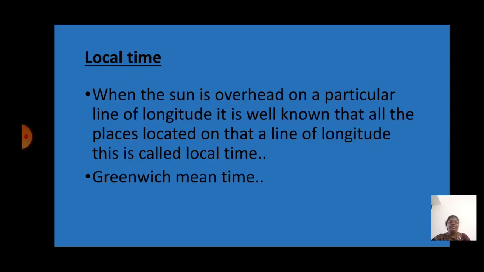So 4 minutes varies for each line. Each line may vary. So as one moves towards the east from any meridian, the time increases, and if one moves towards the west from any meridian, time decreases.